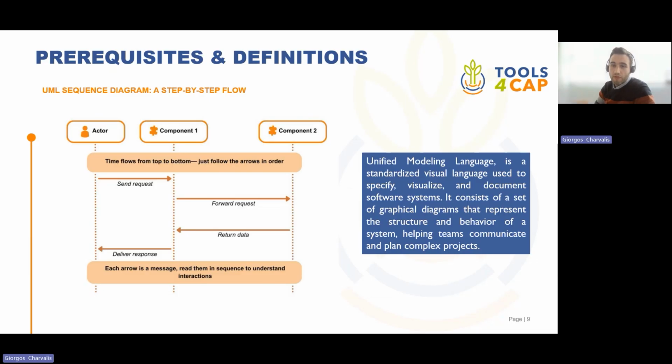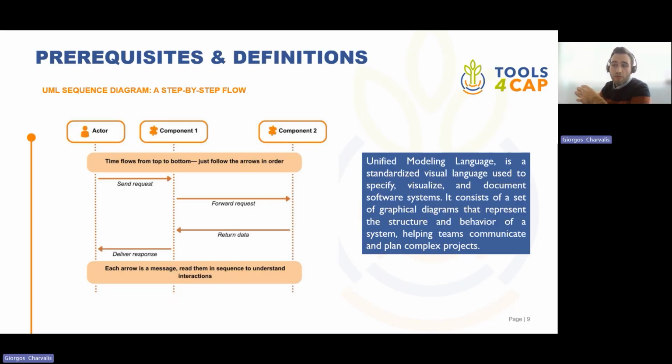So if we can see this example, how to read a UML sequence diagram, we have some actors and components. There might be multiple actors or multiple components, and we can read it from top to bottom as time flows from top to bottom, following the arrows.